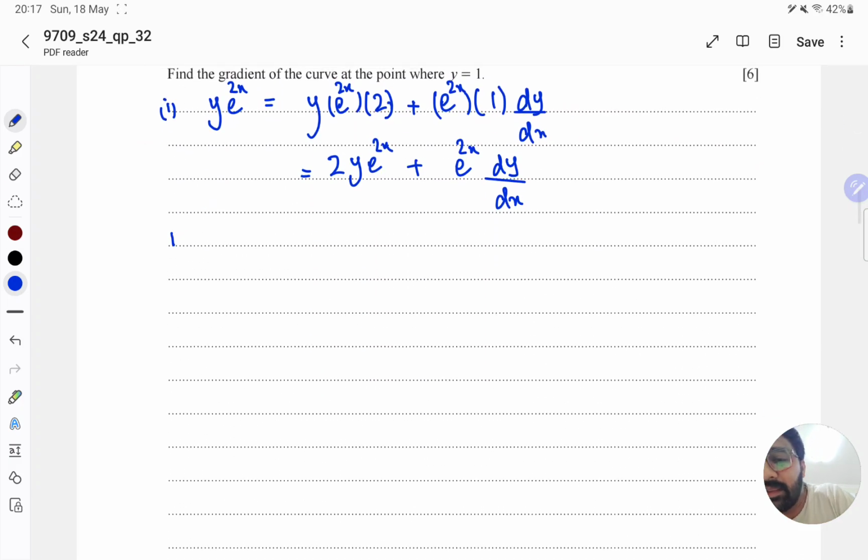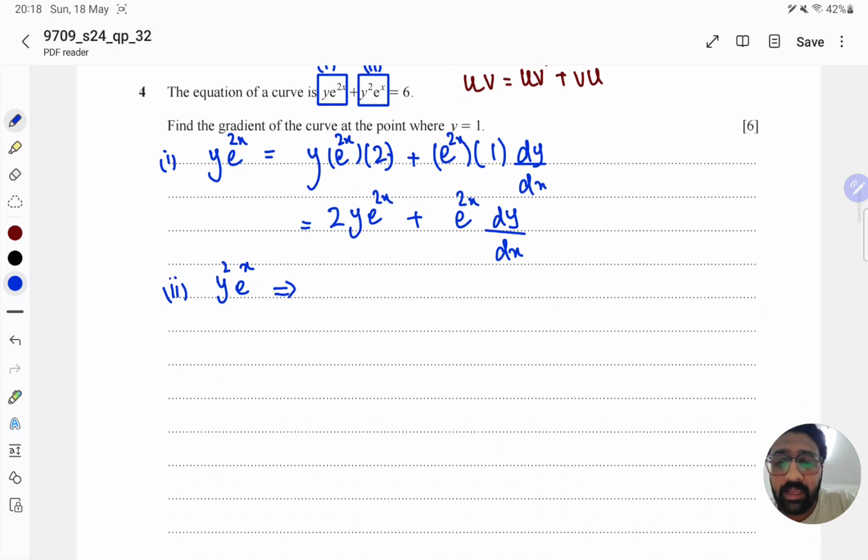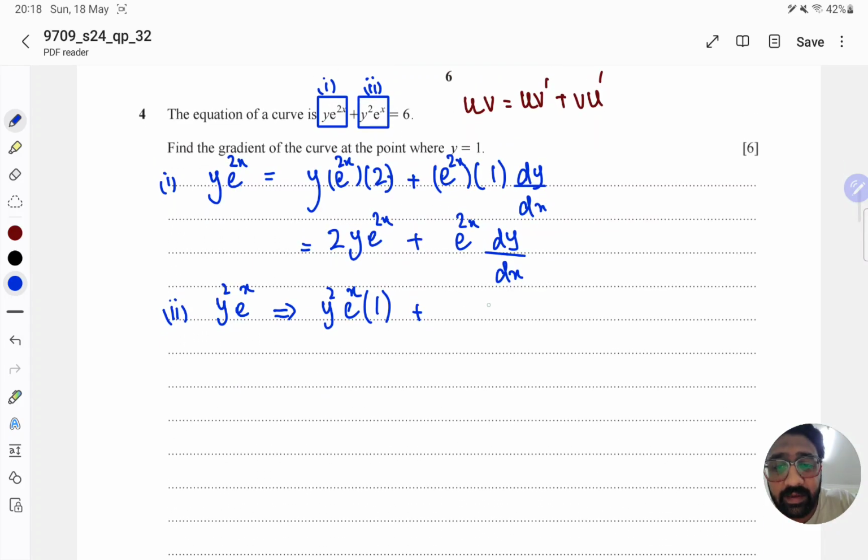Now after that, it is the second one, which is y square e raised to the power of x, where I'll apply the product rule again. It will be the first one as it is, the differentiation of the second, e raised to the power x as it is, into 1, plus the second as it is, e raised to the power of x, into the differentiation of y square, which is 2y into dy over dx.